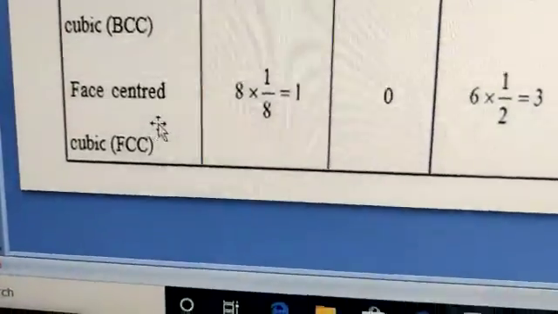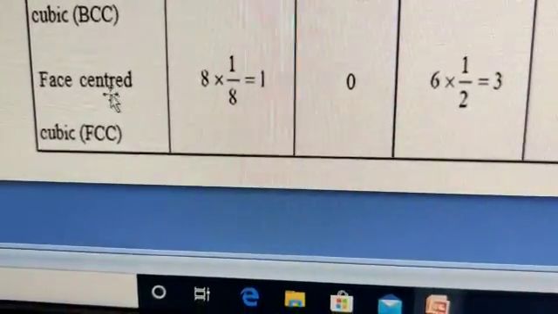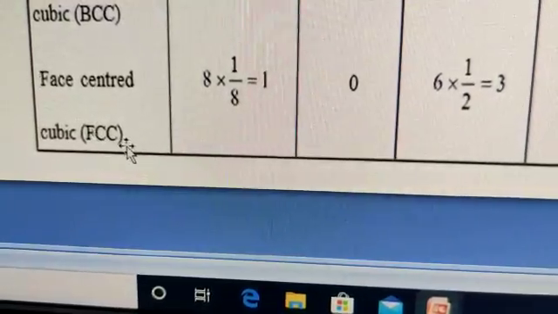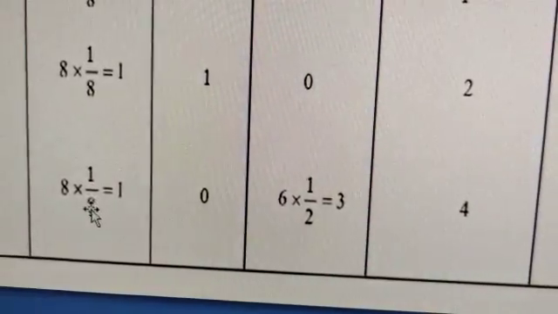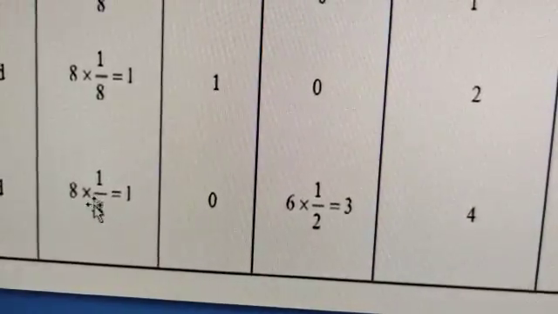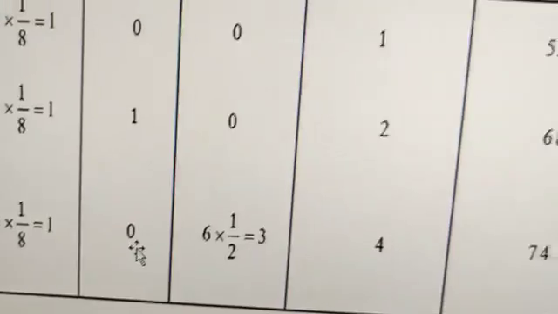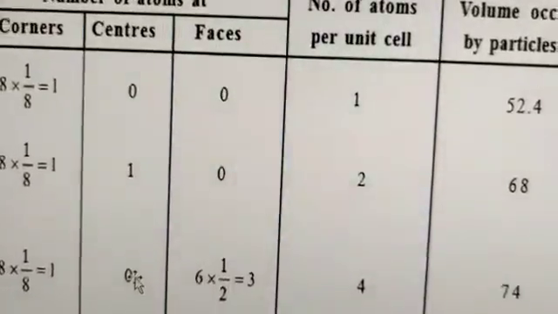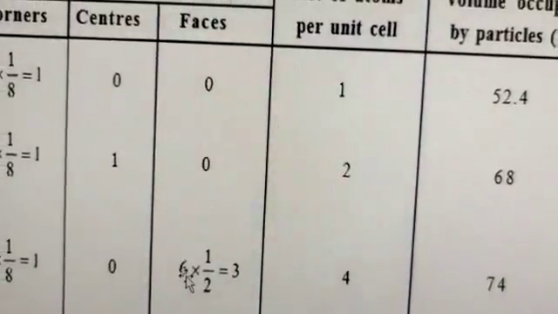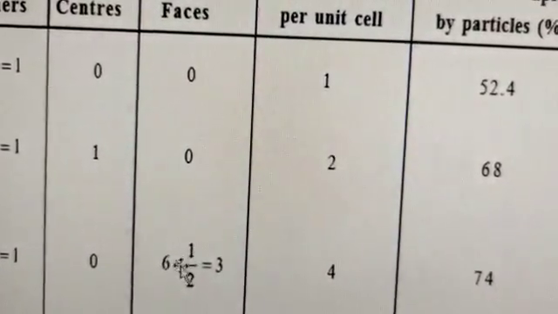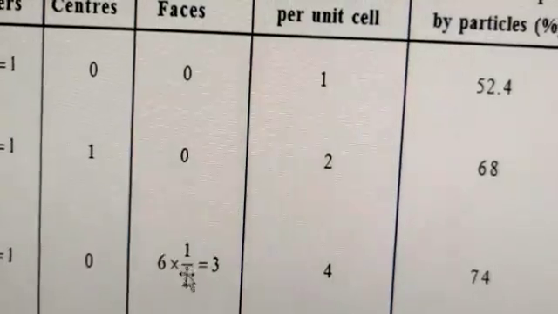Now see the third type, that is the face centered cubic cell. These 8 particles will occupy 1/8 part of this unit cell, which is equal to 1, and at the center it is having 0 atoms, and on the faces it is having 6 atoms. So these 6 atoms will occupy 1/2 part of the unit cell.